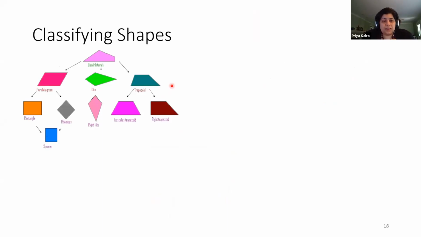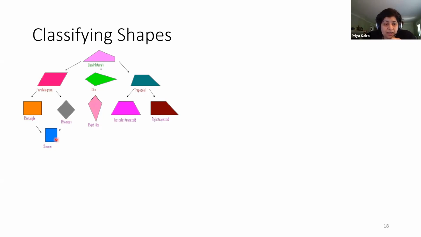Another example is in classifying shapes. The taxonomy or the hierarchy for quadrilaterals is actually a little more complex than we tend to think about. First, you have to think about, are there any parallel sides? Then are the sides the same length? Then are the sides right angles or not?